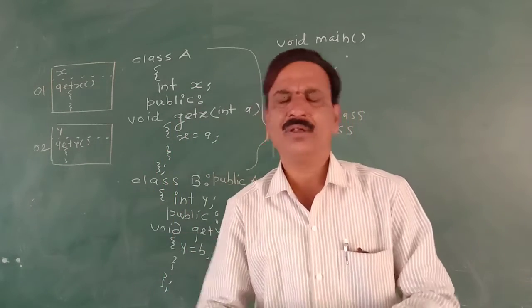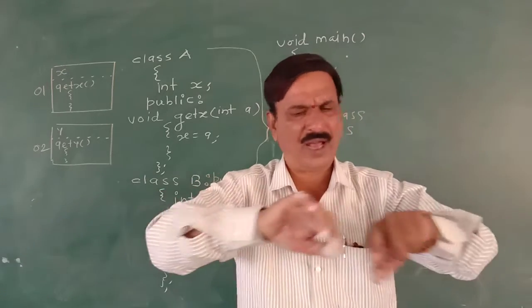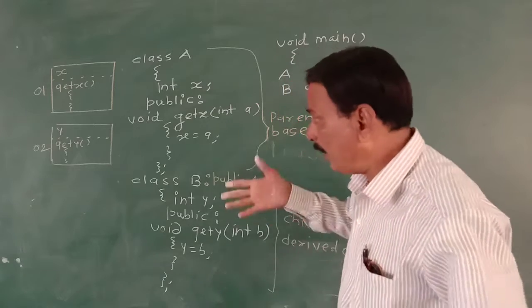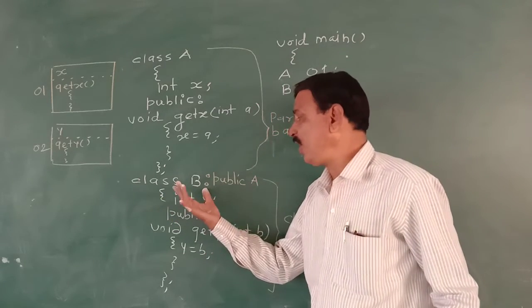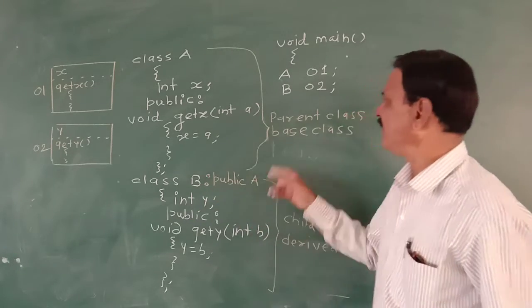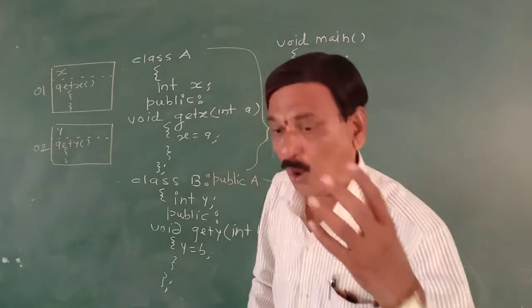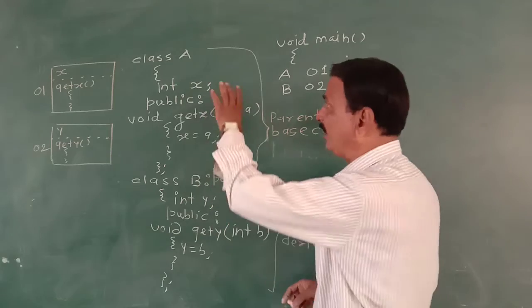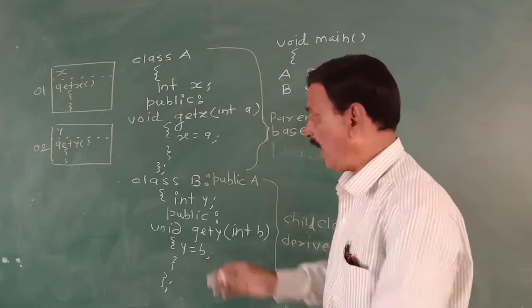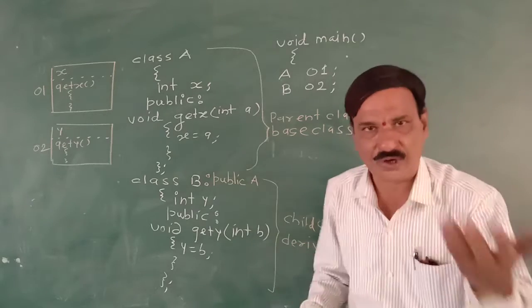Class B becomes the child class, class A becomes the parent class. Now what happens when class A is declared as a base class or parent class and class B is declared as a child class or derived class?